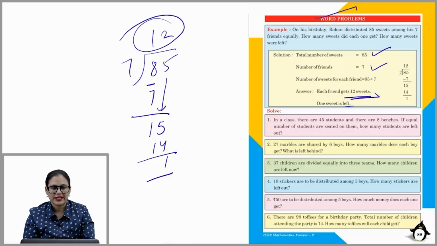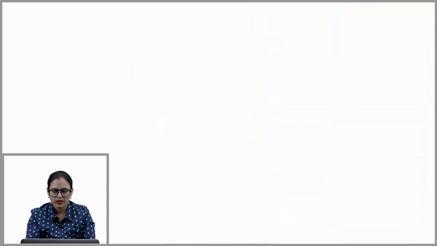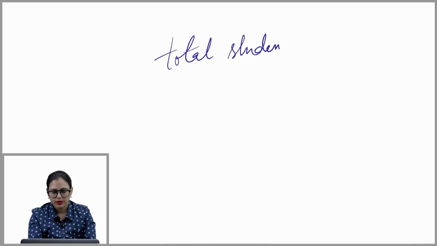Now let's solve the following word problem. In a class there are 45 students and there are 8 benches. If an equal number of students are seated on them, how many students are left out? Total students we have 45.